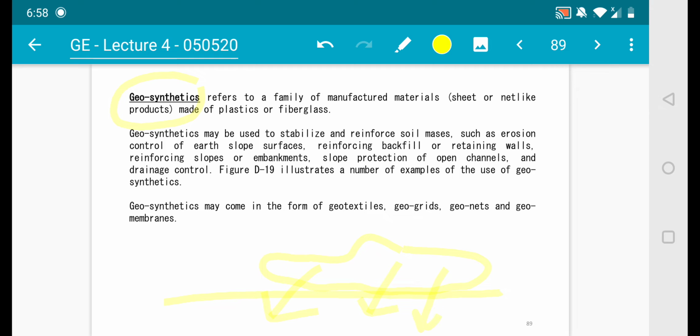Geosynthetics may be used to stabilize and reinforce soil masses, such as erosion control of a slope surface, reinforcing backfill or retaining walls, reinforcing slopes or embankments, slope protection of open channels, and drainage control. Figure D19 illustrates a number of examples of the use of geosynthetics. They may come in the form of geotextiles, geogrids, geonets, and geomembranes.